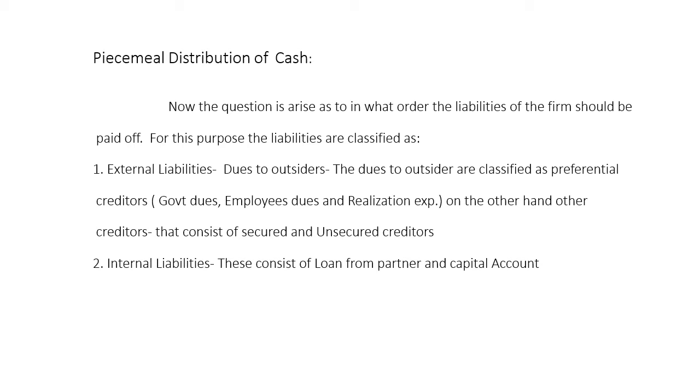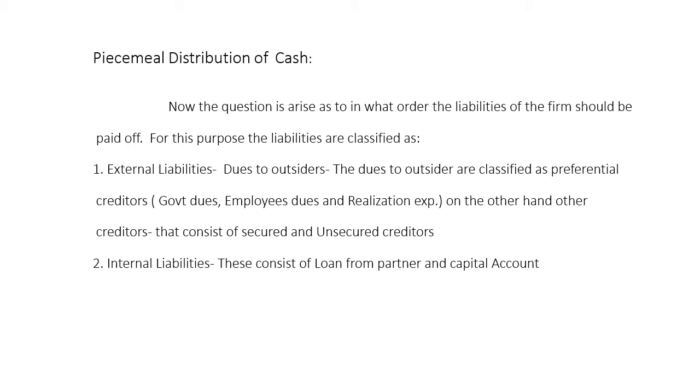And second is internal liabilities. Internal liabilities means those amounts which are payable to the partner as the loan provided by the partner and the capital account balance of the partner. This is called internal liability.